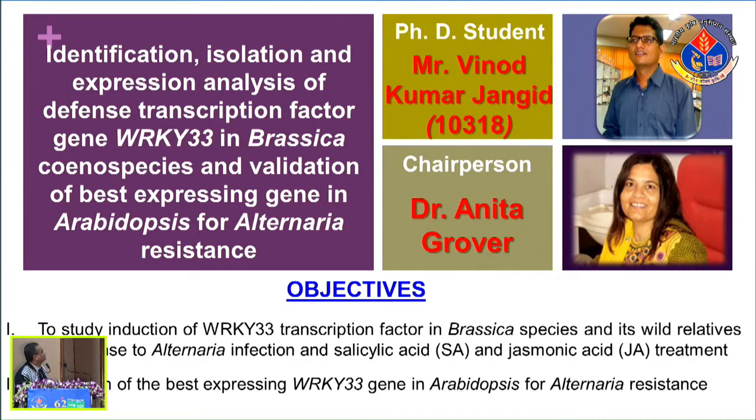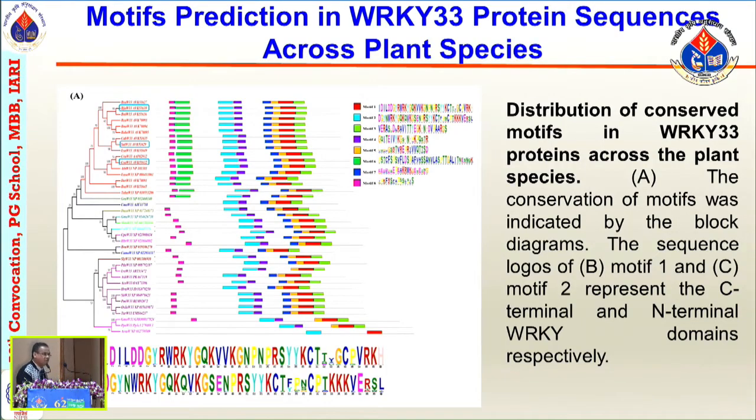Mr. Vinod characterized a transcription factor called WRKY33 and its role in imparting tolerance against Alternaria, under the guidance of Dr. Anita Grover. The gene was cloned from a resistant species called Camelina sativa, and this gene was found to be highly induced in Camelina sativa upon infection by Alternaria.